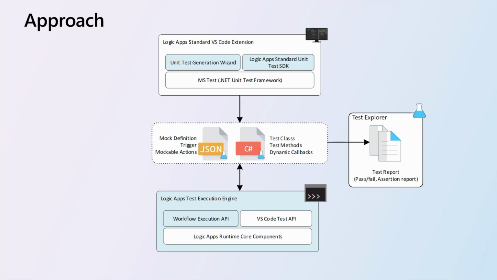From an execution point of view, we are actually reusing our runtime core components, but invoking that as part of the C# execution and exposing what we call a workflow execution API that you can call from your test methods to run the workflow, but because they know they are in test mode, every time they find an action that would go outside of the logic app and come back, it injects the mocks that you created, right?